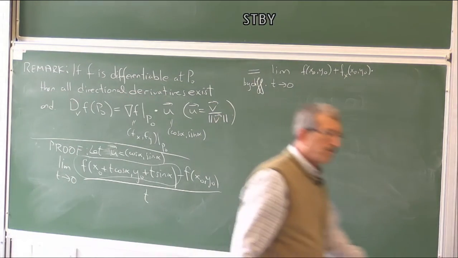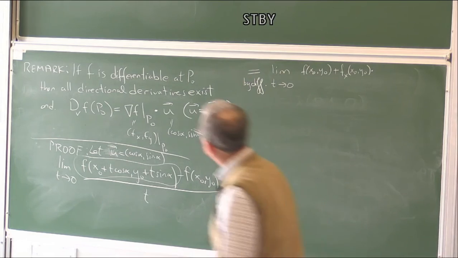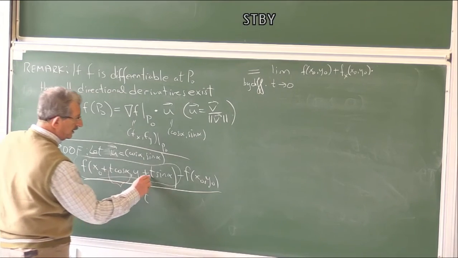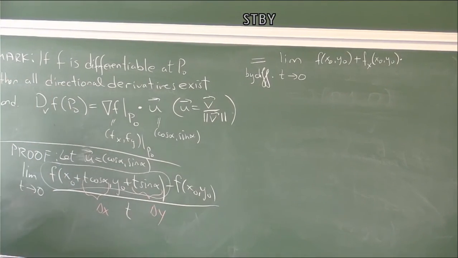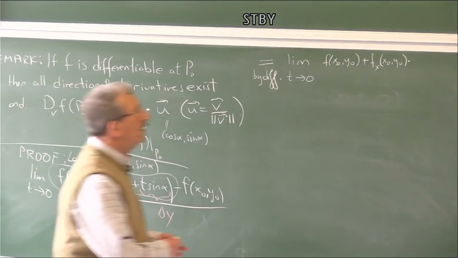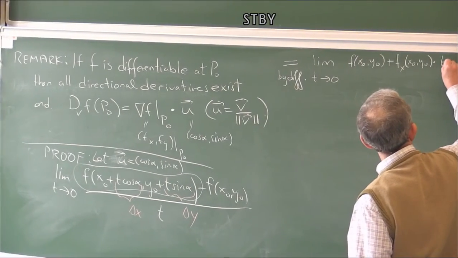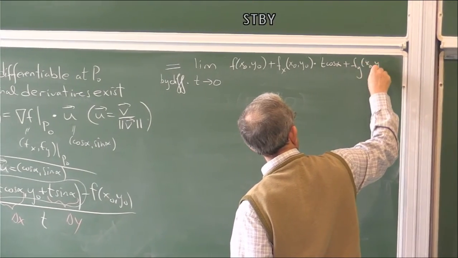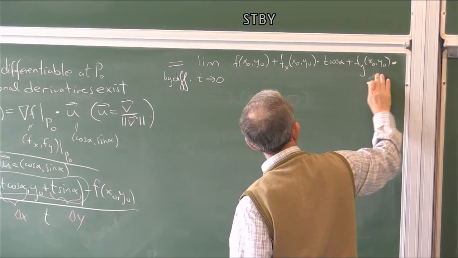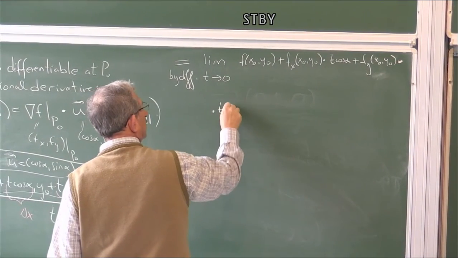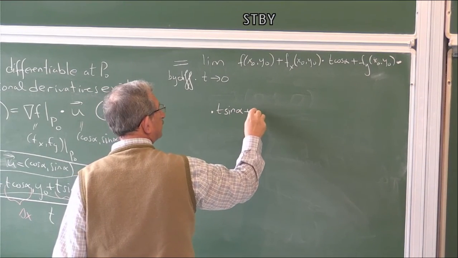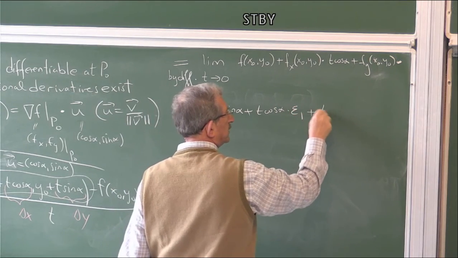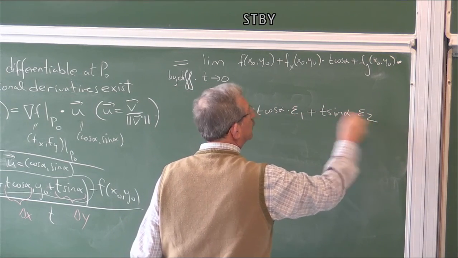Let me point them out. This is my delta x, this is my delta y. So, I have here t cosine alpha plus f sub y times t sine alpha plus t cosine alpha epsilon 1 plus t sine alpha epsilon 2 functions.